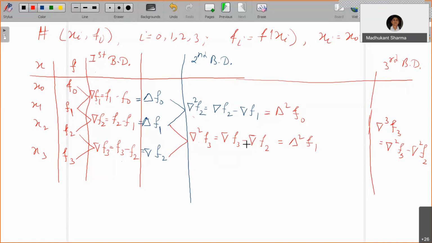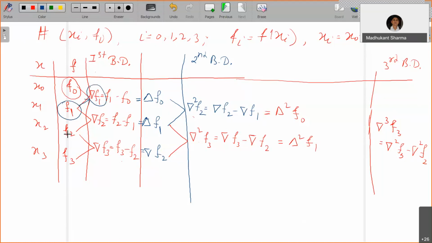Okay, now note that if you are looking at the backward differences, if you're starting with F naught, there is no backward difference for F naught, right? Only forward differences exist. If you go with F1, there is one backward difference, and that is going in the upward direction.